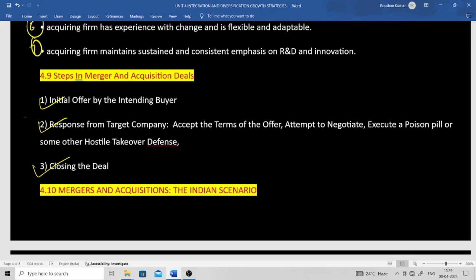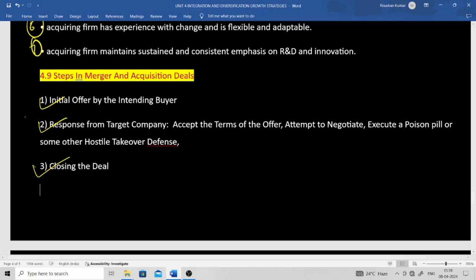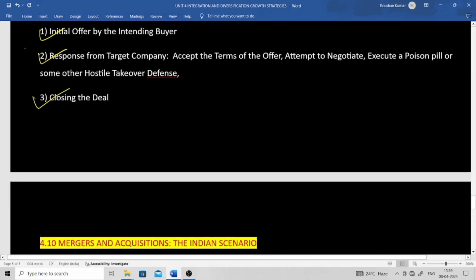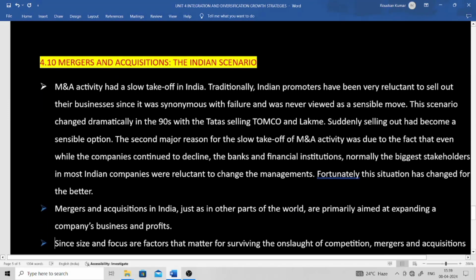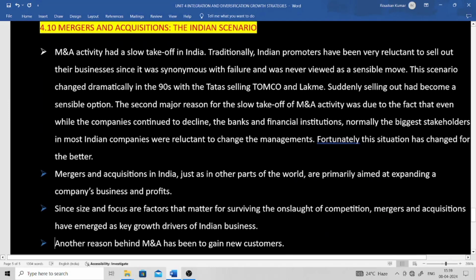So, mergers and acquisition, the Indian scenario. What is the situation of mergers and acquisition in the Indian scenario? Now let's talk about that. Mergers and acquisition activity had a slow takeoff in India.